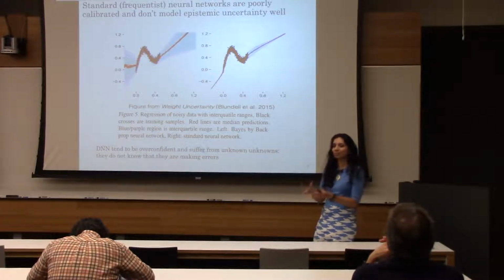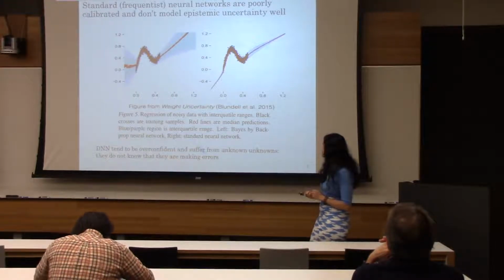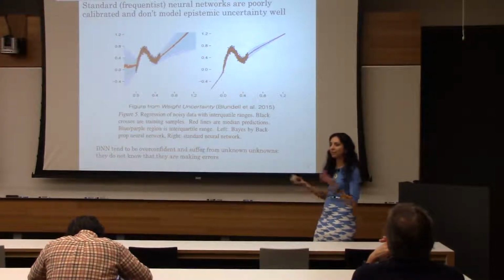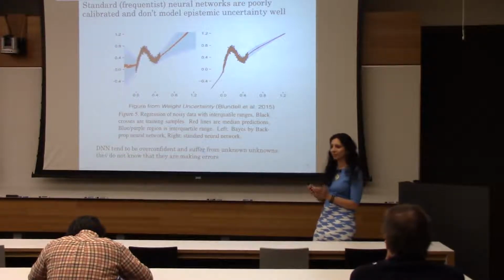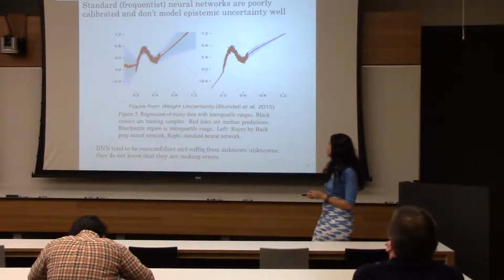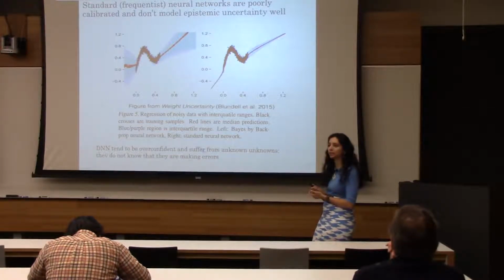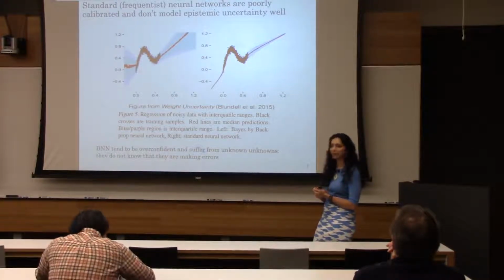So you could just be having really bad performance in big regions of your sample space. And in high dimensions, you can't go and brute force measure in all sample spaces, right? So that's why it's important to have a good measure of uncertainty. Is that clear?